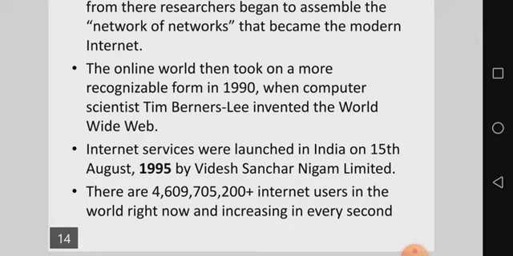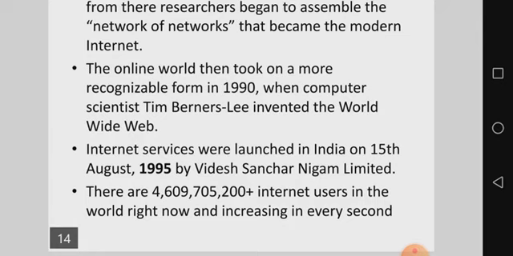Initially, when ARPANET was launched, there were only two nodes or two users, and those two users were not human beings. They were two computers situated at two different locations, or two different universities. Initially, there were four nodes connected, meaning four different universities connected together in ARPANET.